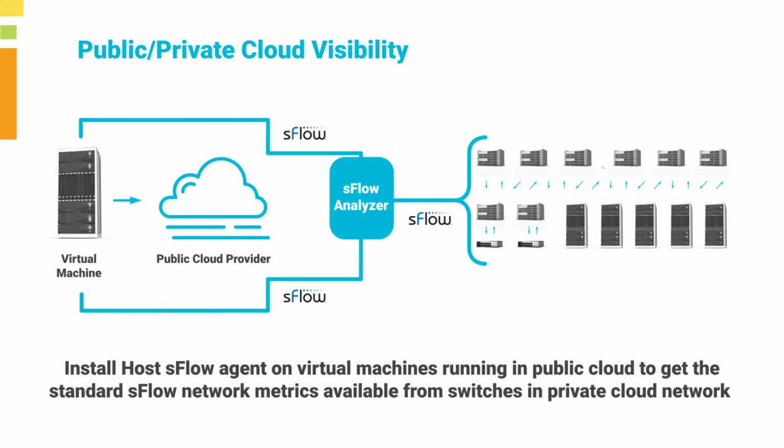But in the cloud, you don't have any access to the physical resources, so you need to bring your measurements with you. That's what the Host sFlow agent does there. So it gives you a really nice unified view of all your resources end-to-end, whether they're in the public cloud, on-prem, physical, or virtual.